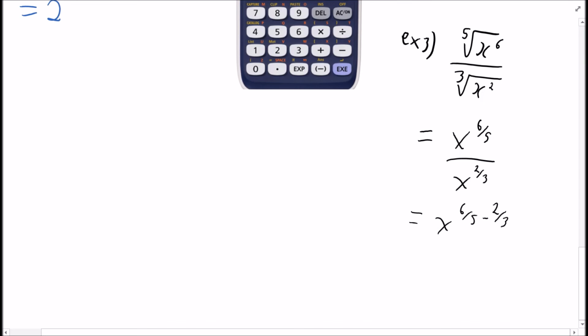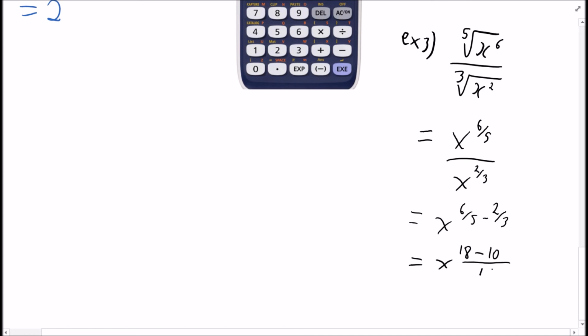Now remember, on the calculator, if you want to do that, you can just use the ABC button, so 6 ABC 5 minus 2 ABC 3. If not, then you could get a common denominator. So a common denominator with 5 and 3 would be 15. So the first one I'd have to multiply by 3, so that makes that 18, minus, and the second one by 5 is 10.